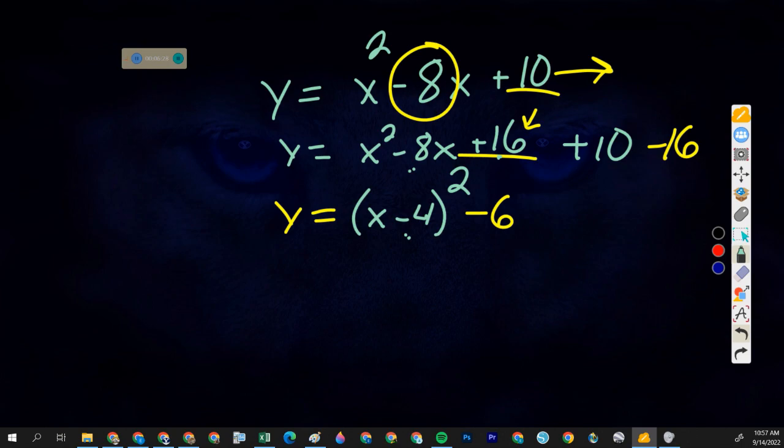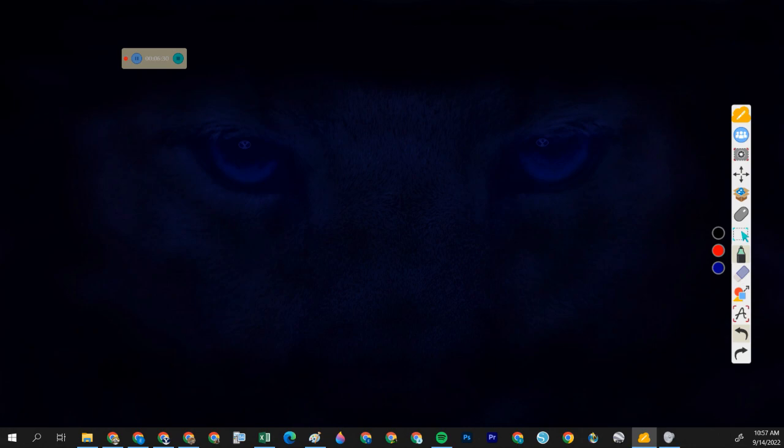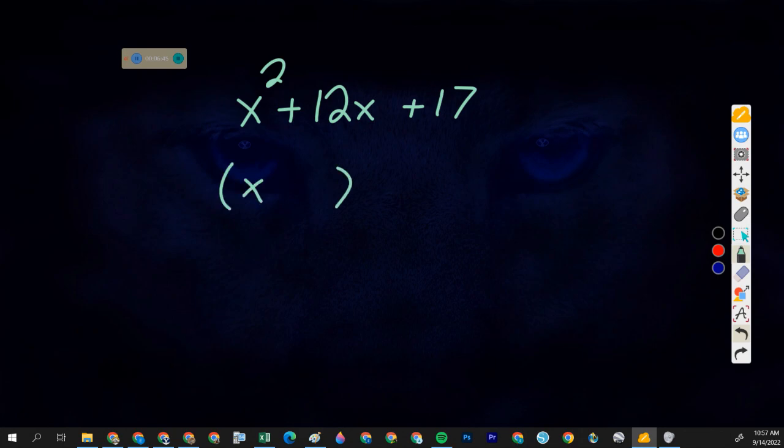So let's do another one. Okay. So I'm going to force this to be x plus something. In order to do that, I'm going to move the 17 out of the way.